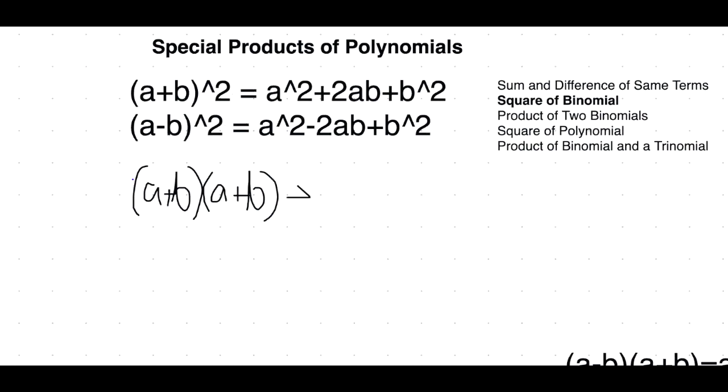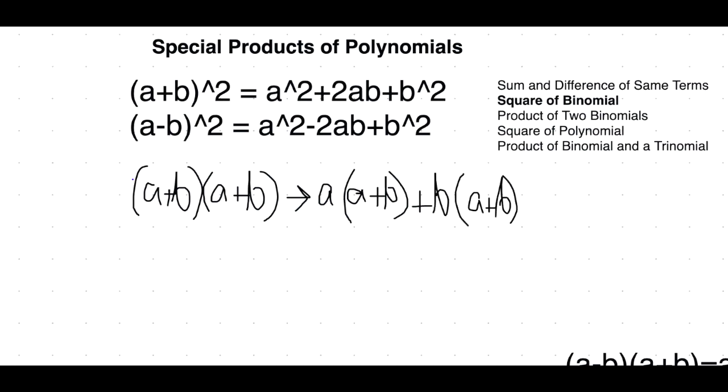Okay, so we're going to multiply this A by this A plus B, and then we have this plus B multiplied by this entire bracket of A plus B. So writing that out, A times A plus B, and then plus B times A plus B. All right.